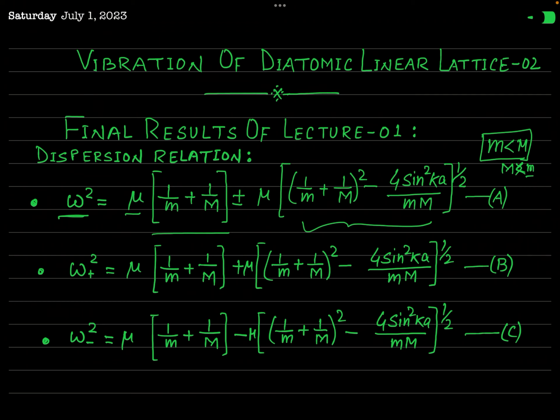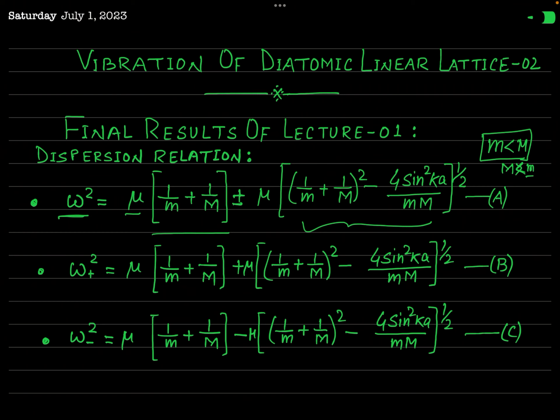Now you can see here this sign of both plus and minus implies that for a given value of k there will be two values of omega square, because omega cannot be negative. So the two acceptable values can be obtained by taking this plus minus sign separately.